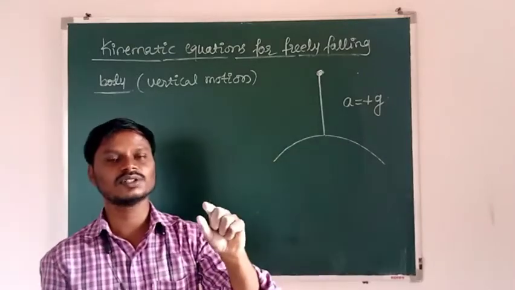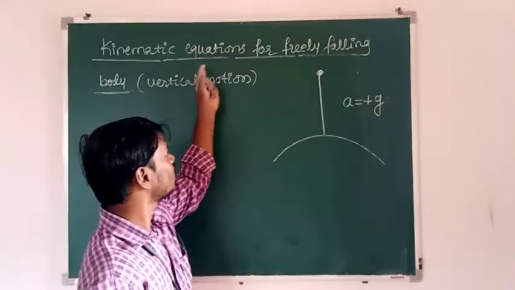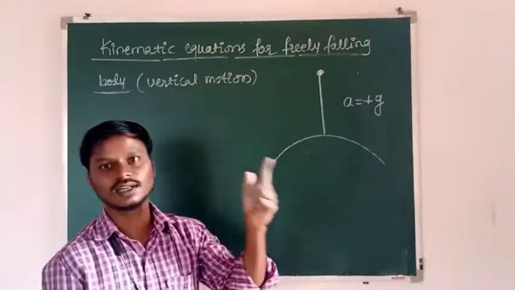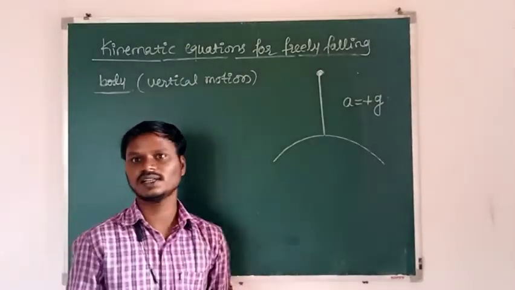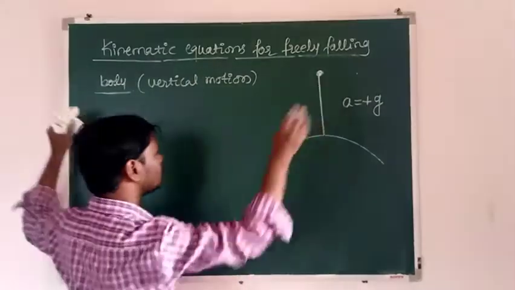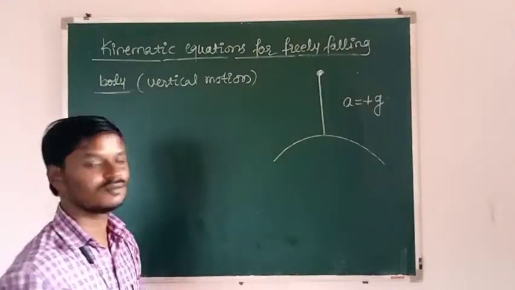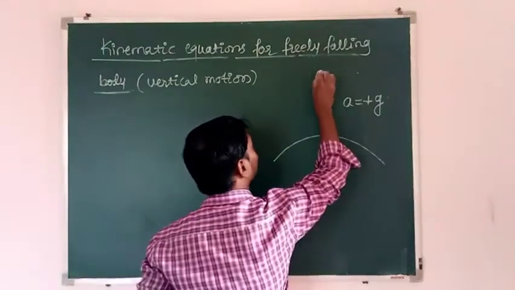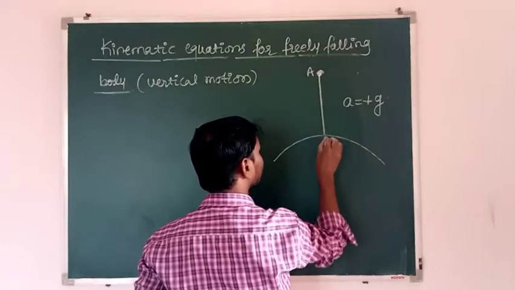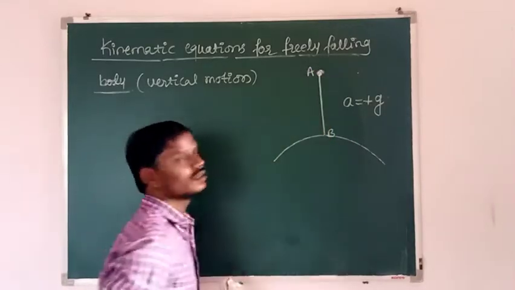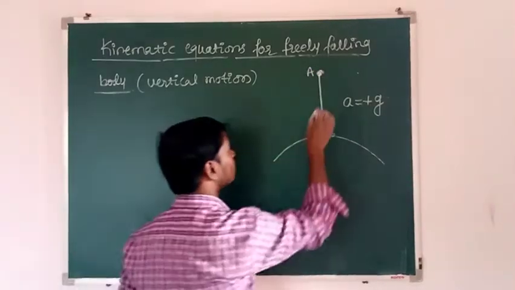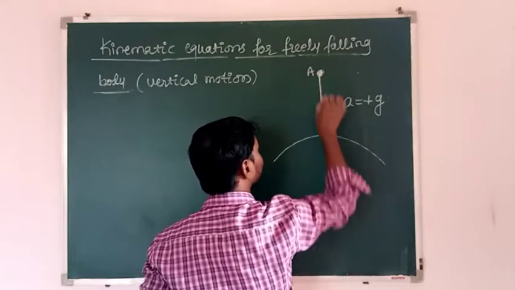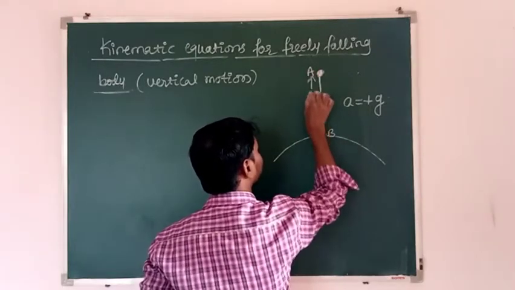Then you will study about this in the kinematic equations using vertically upward motion. So what are the kinematic equations we are going to discuss now? I will take this as the initial position A and this as the final position B. Then what is the distance traveled by the body from A to B? That I will take as y.